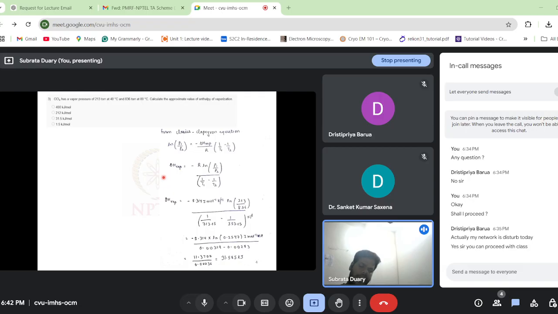Now if you have been asked, what is delta H for liquefaction, is it positive or negative, for liquefaction from vapor to liquid phase?